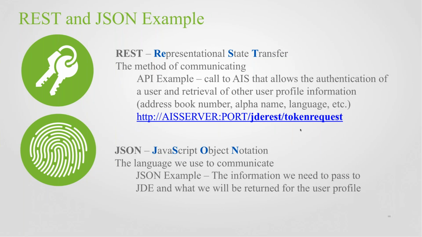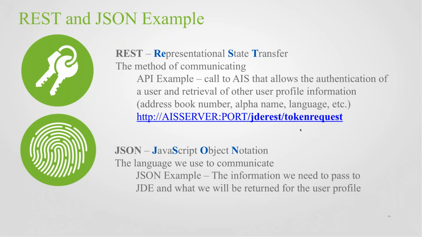And JSON stands for JavaScript Object Notation, which is basically the language we use to communicate. So to boil this down to very simple terms, think of REST and JSON as the method we use to communicate back and forth and how we say what we say.